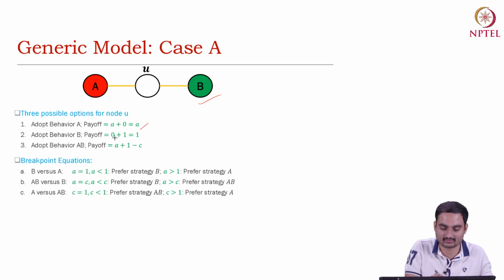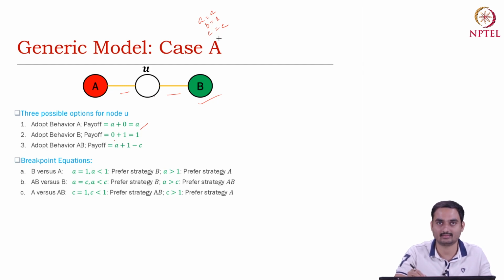The payoff would be A, because for this interaction it is A and for this interaction 0. If U wants to adopt B, this would be 0 plus 1, because remember A equals A, B equals 1 and C equals C. If U has adopted AB, then this would be A plus 1 minus C.